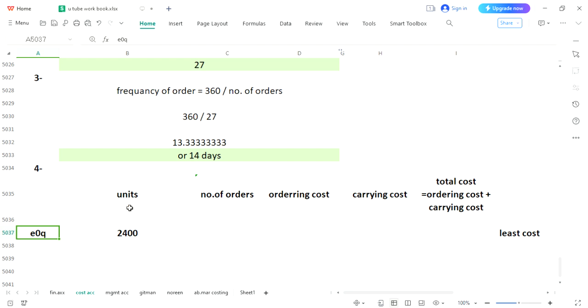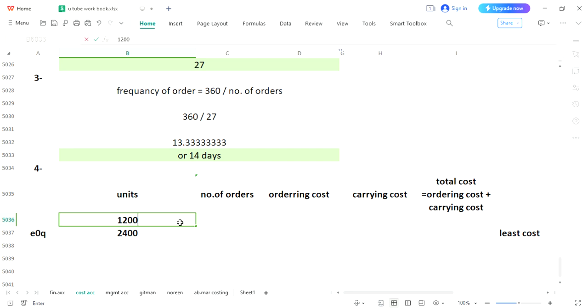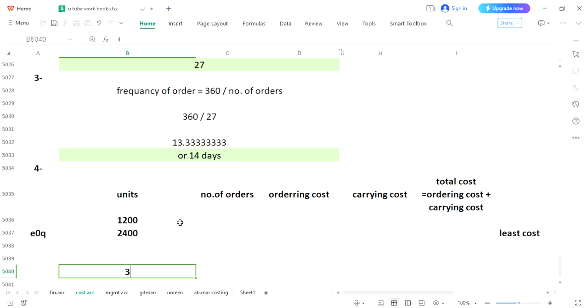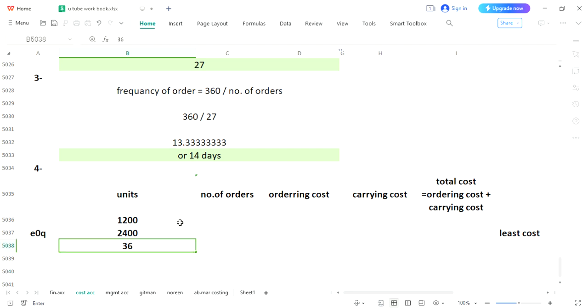And if you will give order of number of unit less than 2400, even cost would be higher than that of economic order quantity. So you can suppose it, let's see, 1200 number of units are of ordering, and next 3600 units are supposed. So these are three factors, and please try to understand these are supposed amount. 1200 supposed, 3600 supposed.